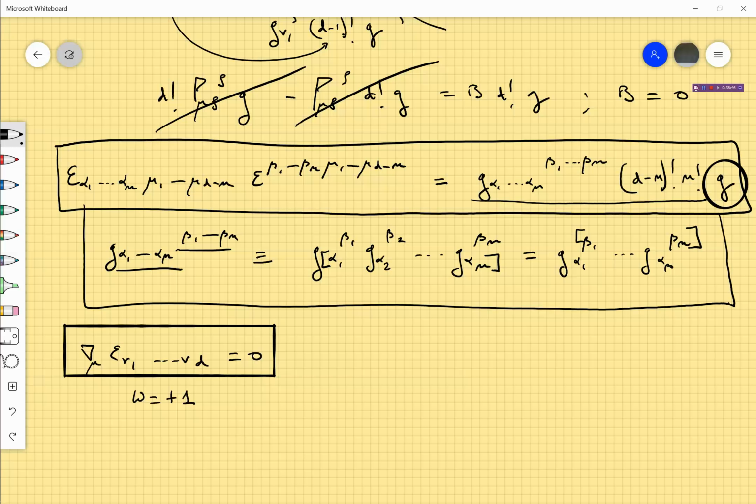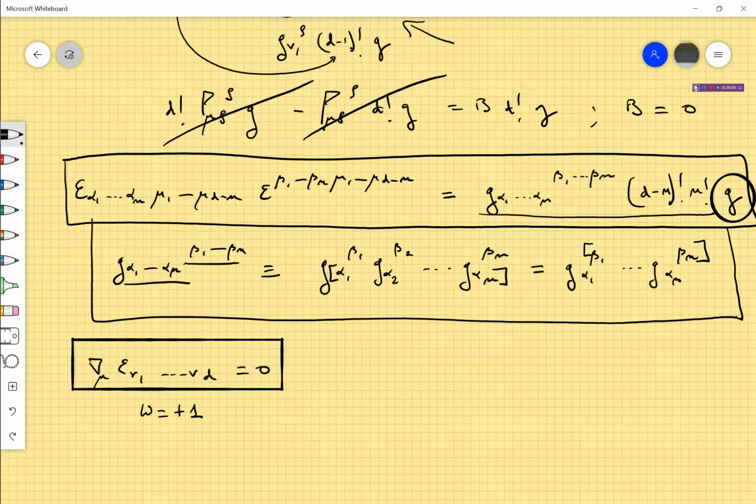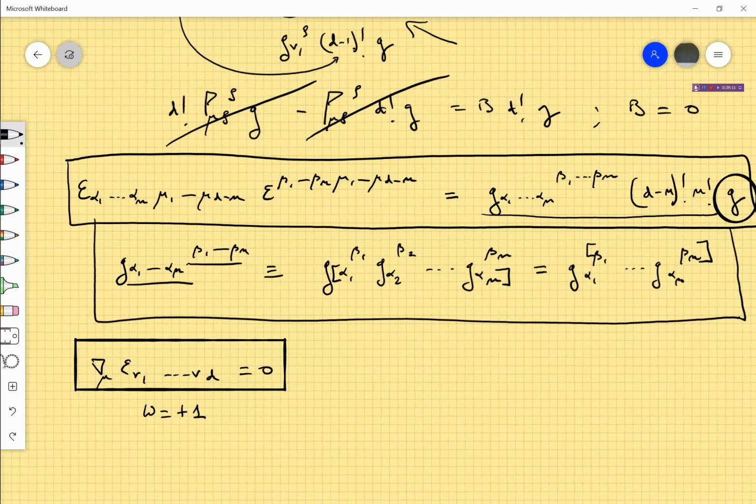And you will also have to use the fact that in this case the partial derivative of epsilon mu is not 0, because it is not a constant anymore, it is the determinant of the metric, but that the covariant derivative in the sense of tensor density of this will be 0. Okay, just the result that we proved at the beginning.